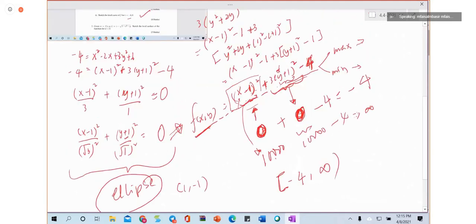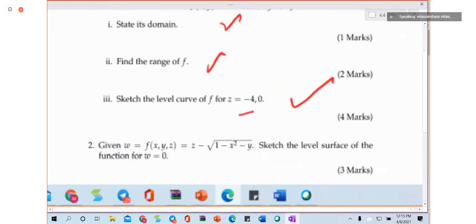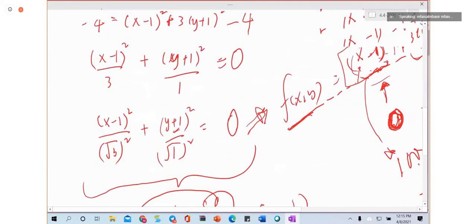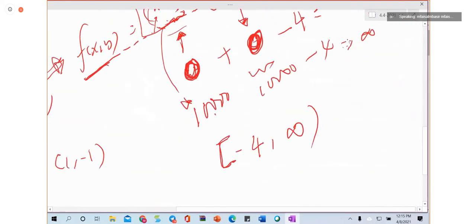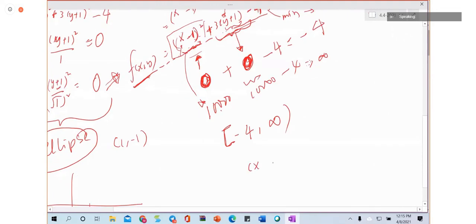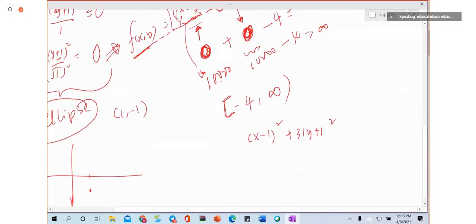We see when z equals 0, it means x minus 1 squared plus 3 times y plus 1 squared. So we have squared here, right? Squared minus 4, 0. So you have x minus 1 squared plus 3 times y plus 1 squared equals 4.